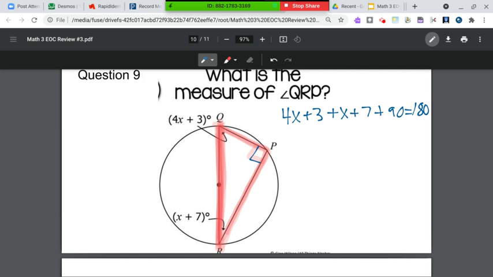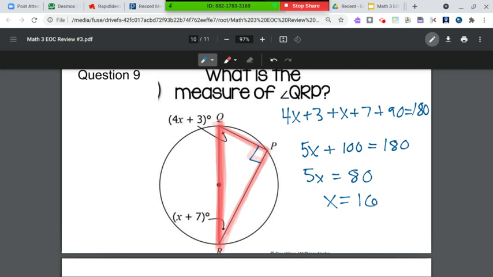Combine like terms: 5x + 3 + 7 + 90 is 100, so 5x + 100 equals 180. And then it's a two-step algebraic equation. 5x equals 80 when you subtract 100. Divide by 5, x equals 16.